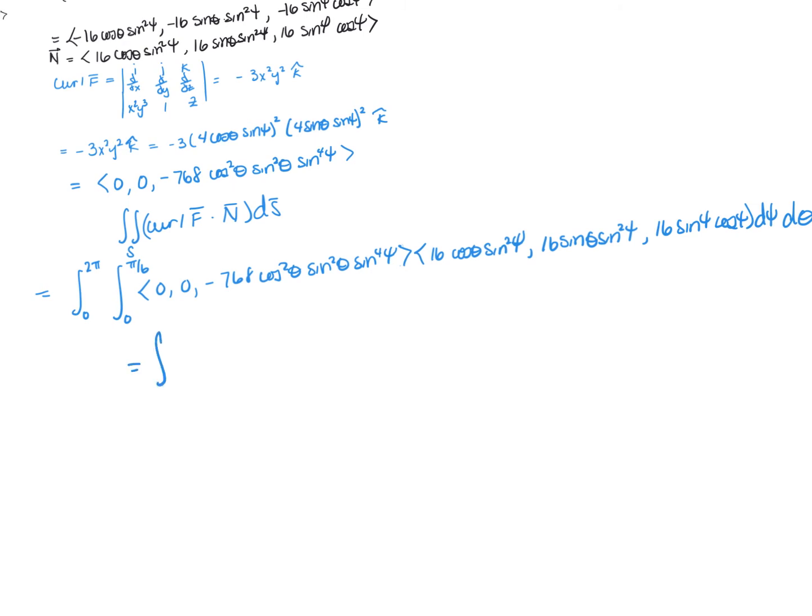which gives me from 0 to 2 pi, from 0 to pi over 6. Well, most of it cancels out, so that's kind of nice.